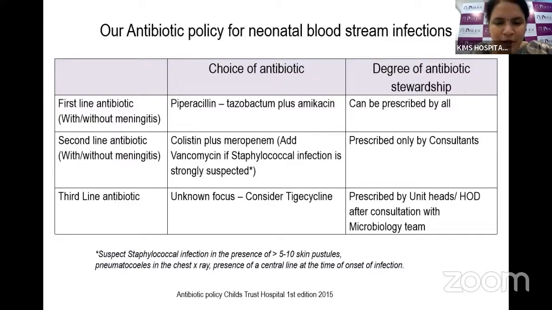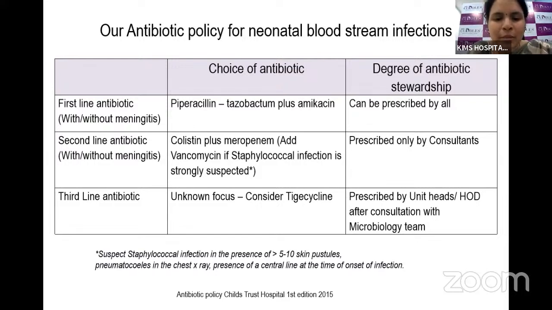Colistin would still be kept in reserve. If there is significant clinical deterioration despite around 48 hours of any antibiotic modification, only then would we consider further modification of the antimicrobial regimen. Whenever a reserve antibiotic is used, there is an antibiotic justification form that needs to be filled in by the consultant who is taking the decision.